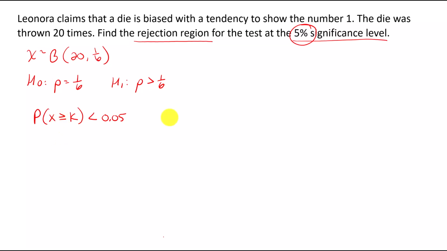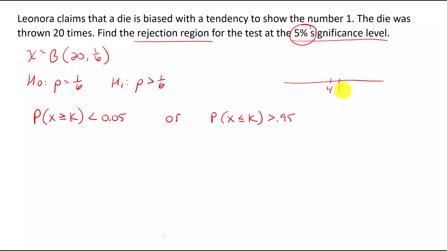So I want you to think about the alternative. I can say the probability that x is less than or equal to some value of k needs to be greater than 95%, which is 0.95. And I want you to think about this on a number line. Let's just pick a number, 5 and then 4.